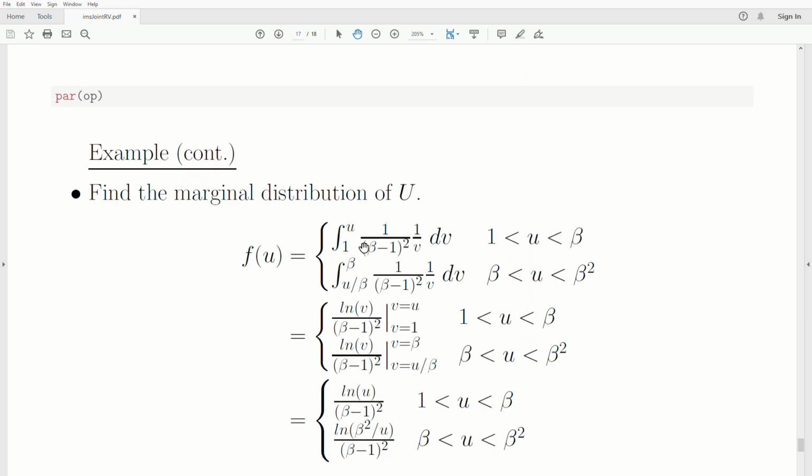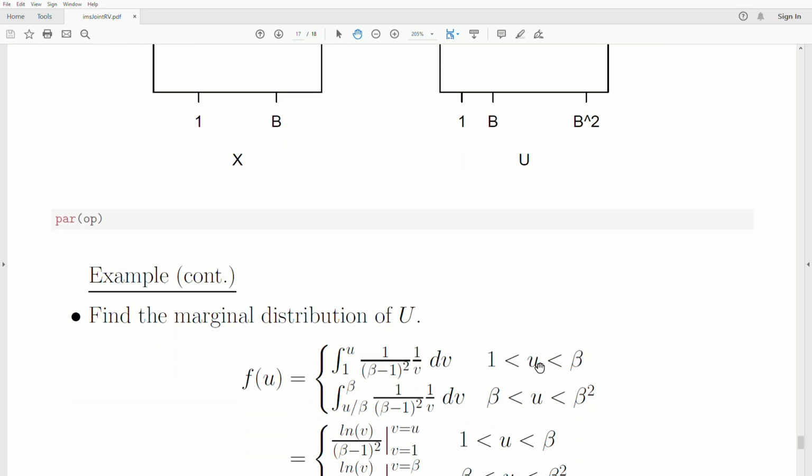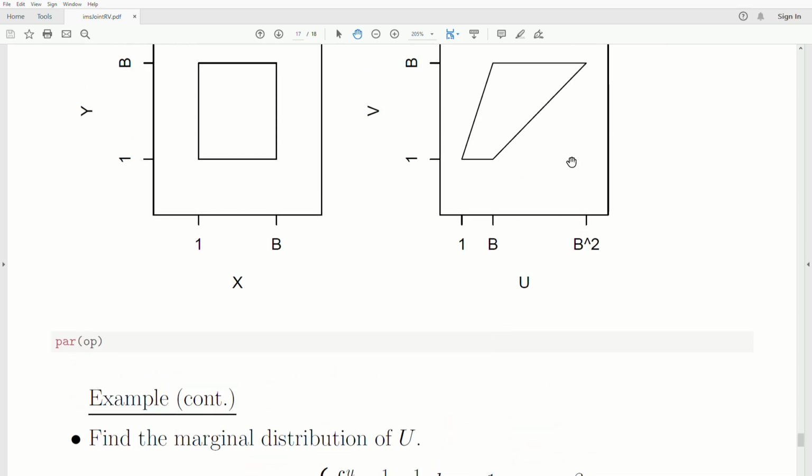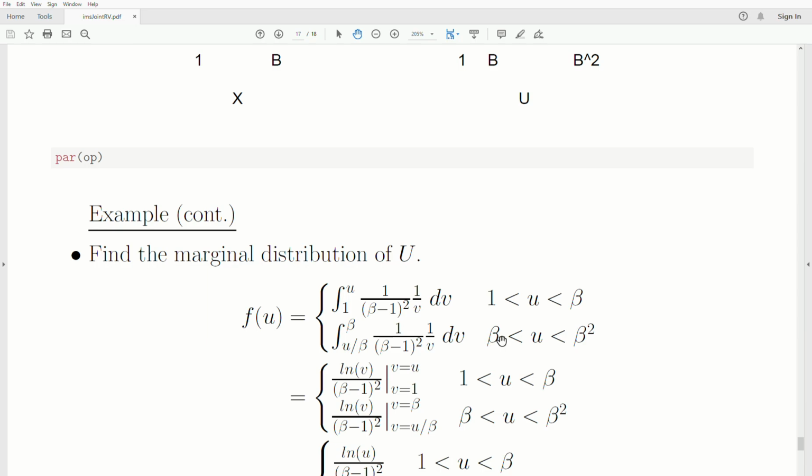So this is the joint density of f of u and v, and we're integrating out from 1 to u. That's from 1 to u, and that's when u is from 1 to beta here. And then here we're integrating from this line, which is u over beta, to beta. And that's what we get here.